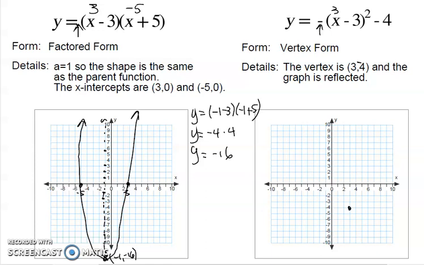The a value is negative 1, which means it's being flipped. And it's negative 1, so that means that the graph itself is going to have the shape of the parent function, but it's going to be flipped over. So I'm going to go over 1 to the right and down 1 instead of up, 1 to the left and down 1. So the parabola will look something like this.